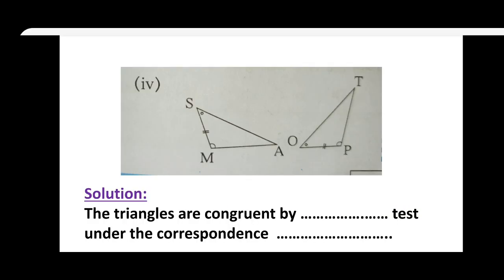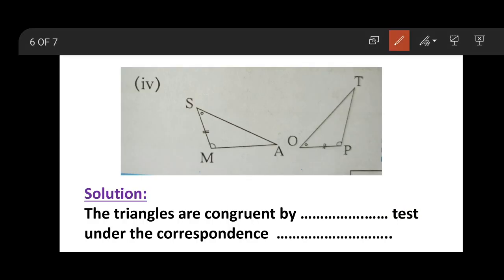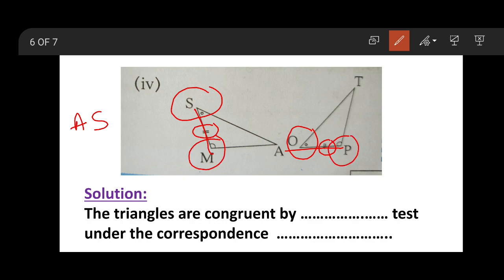Now the fourth one. Observe again the fourth figure. You can see identical marks for angles. Two angles are given and in between a side is given. So this side is congruent, so I'll write S here. Again this is the angle. You can see in both the figures two angles and in between one side. So angle side angle test.